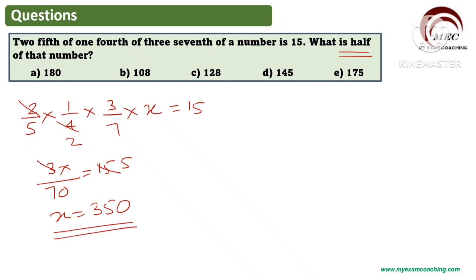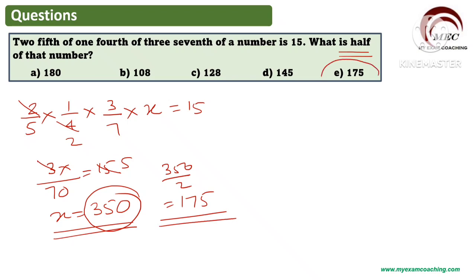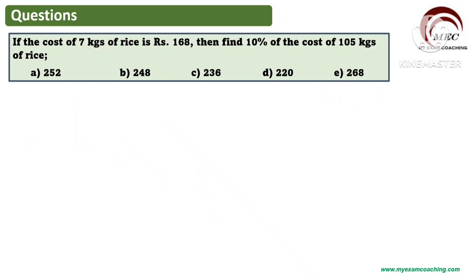We want half of the number. So what is half of 350? Half of 350 will be 350 divided by 2, 175. So accordingly, we can mark the correct option as option E, 175. Simple question. Go to the next.